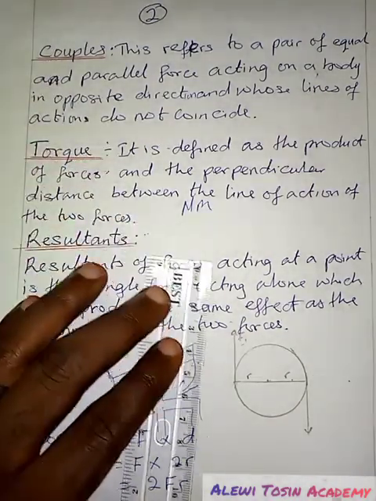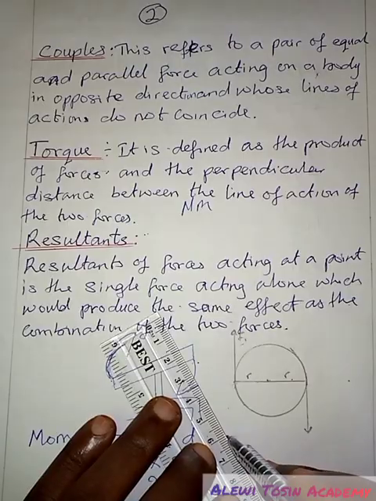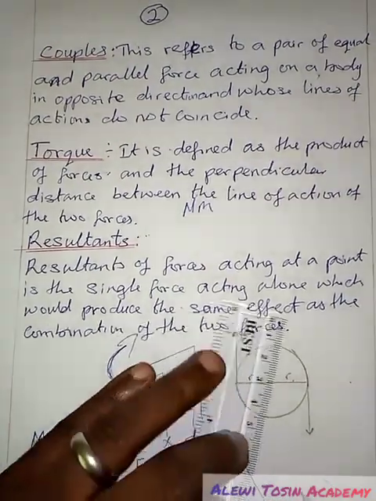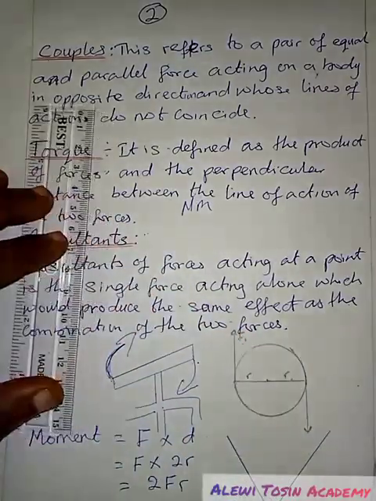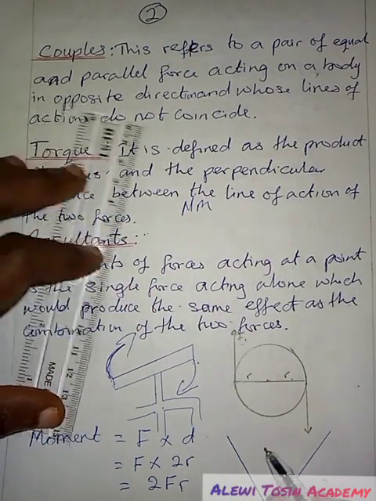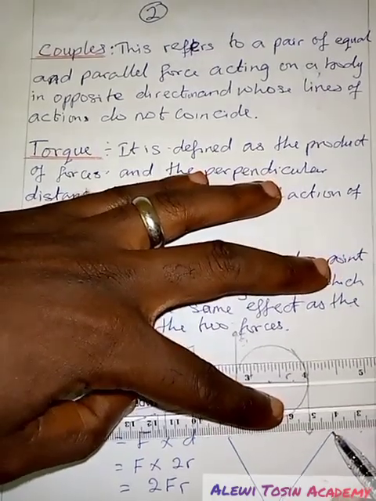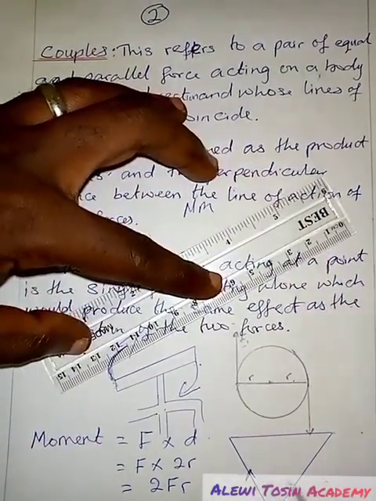Now, for that, let's just cite an example. Under our topic vector and scalar quantity, we discuss more on the concept of resultant there, so you can just tune to our video, you will see more of that. But let me just cite this as an example.